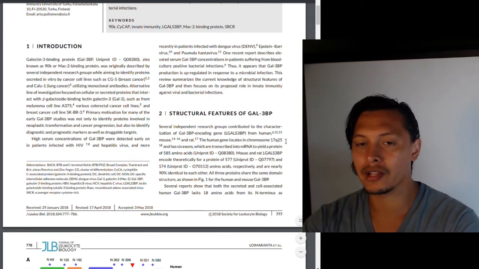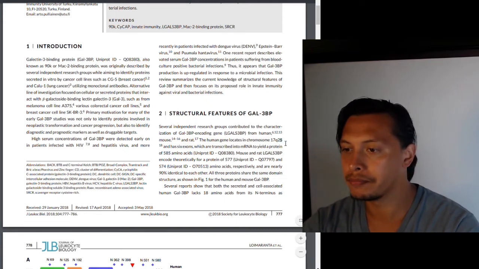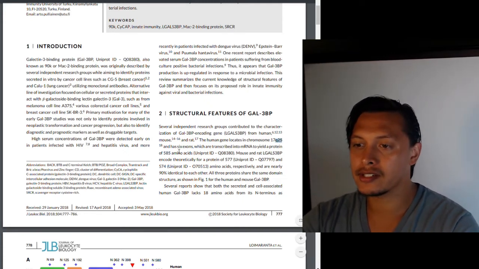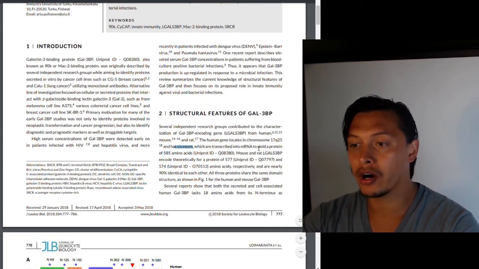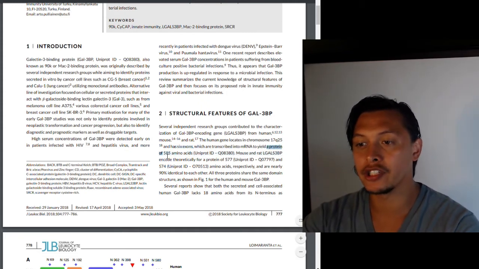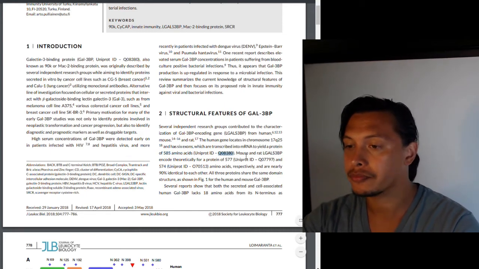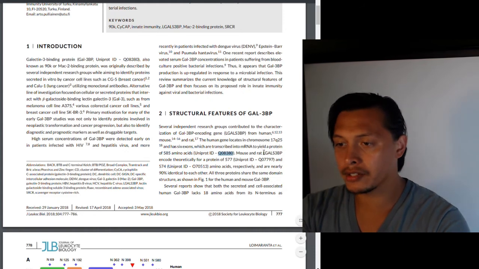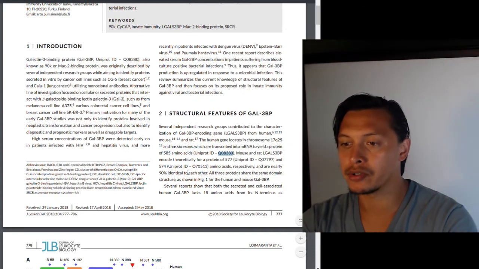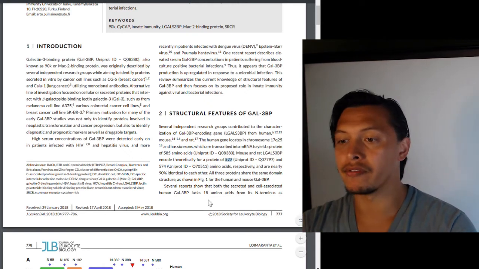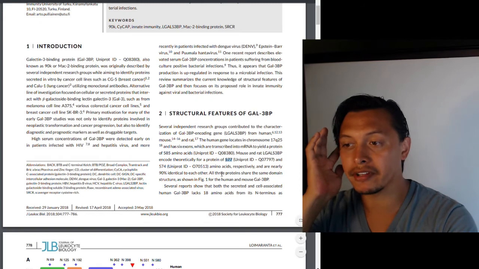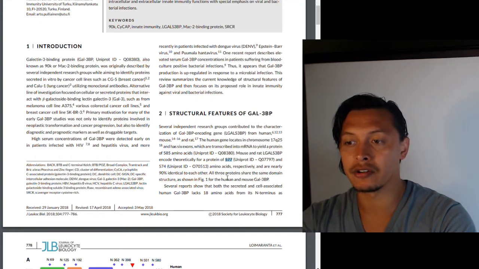I don't know exactly, this is just a part of chromosome 17, and it has 6 exons, which are transcribed into mRNA to yield a protein of 585 amino acids, and you can see this with this UniProt ID. So mouse and rat LGALS3BP encode theoretically for a protein of 577 and 574 amino acids, respectively, and are nearly 90% identical to each other.